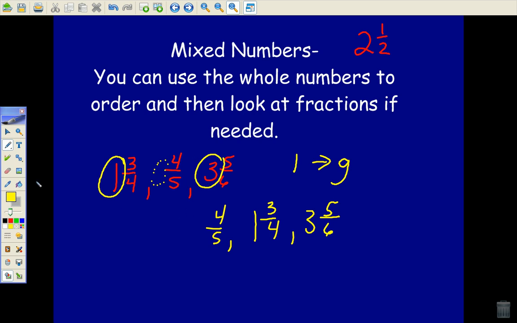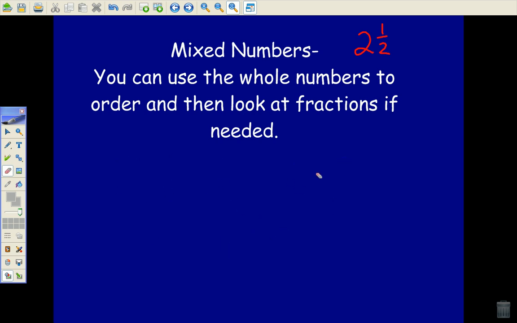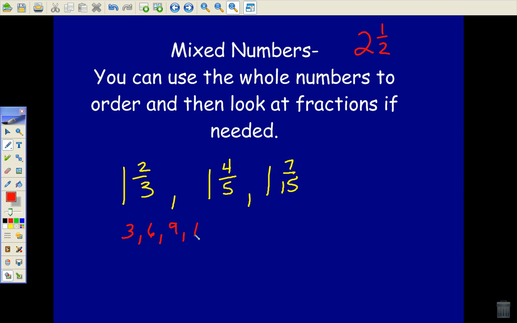Now, let's look at an example of when the whole numbers are not going to help us. So our first thing would be to look at the whole numbers. Well, they're all the same, so that's not going to help us. We're going to have to look at our fractions. Well, our fractions all have different denominators, so I'm going to have to do LCD. So I've got my multiples of 3: 3, 6, 9, 12, 15.